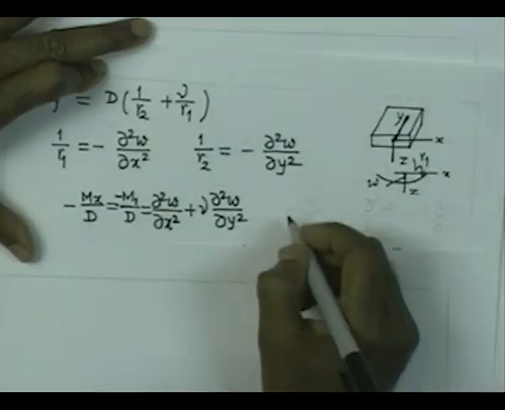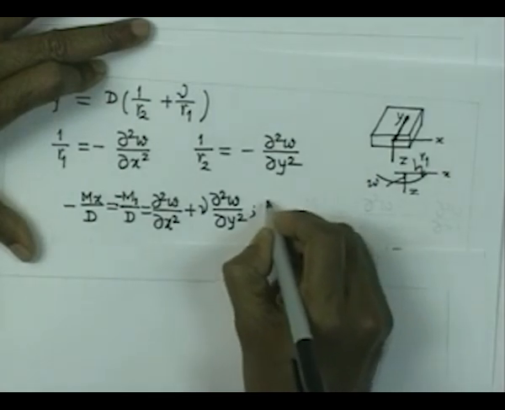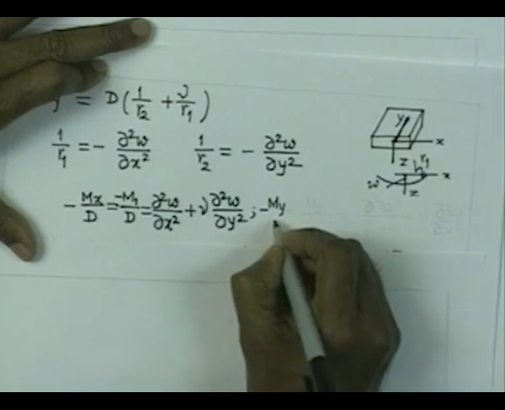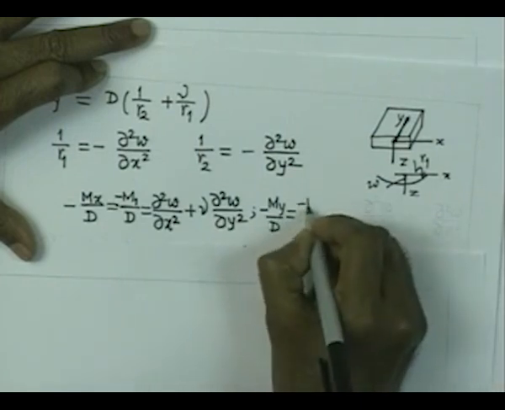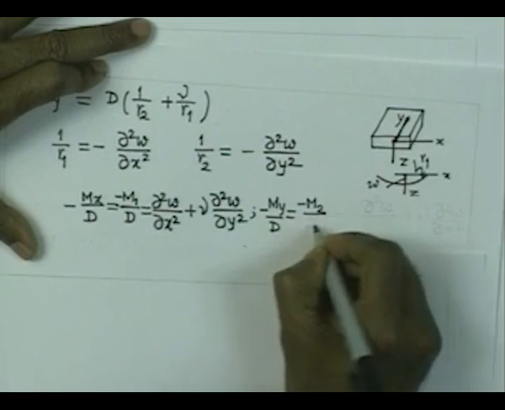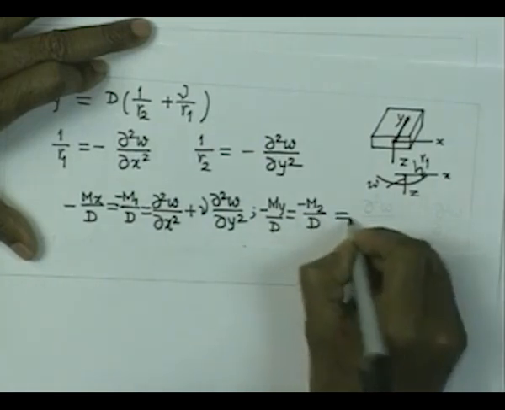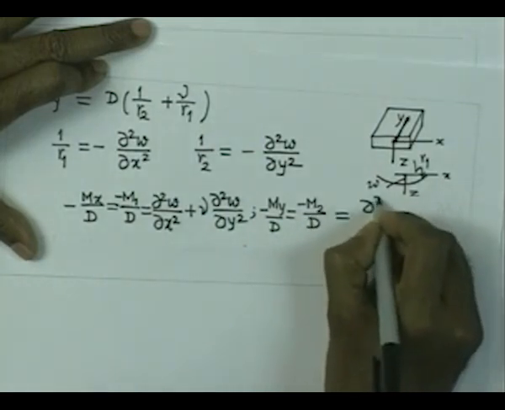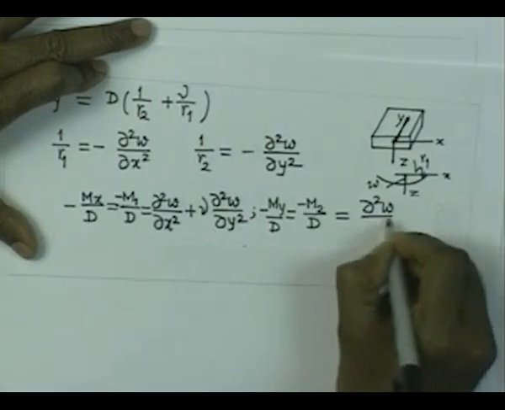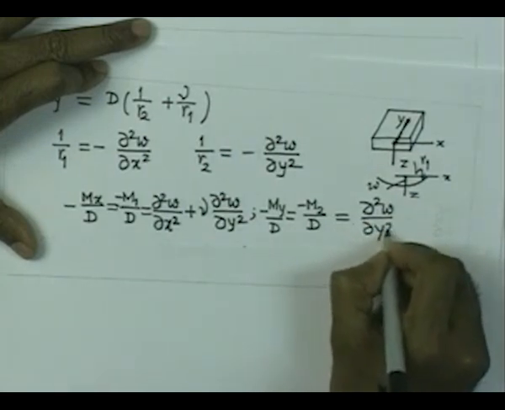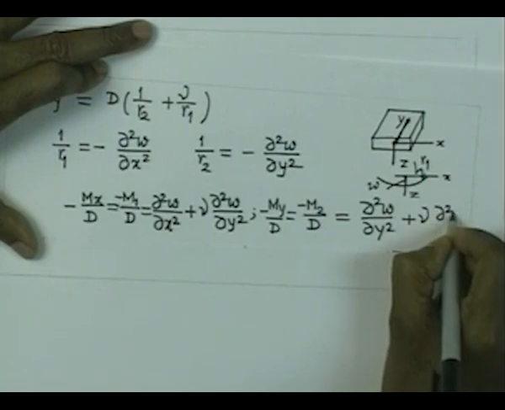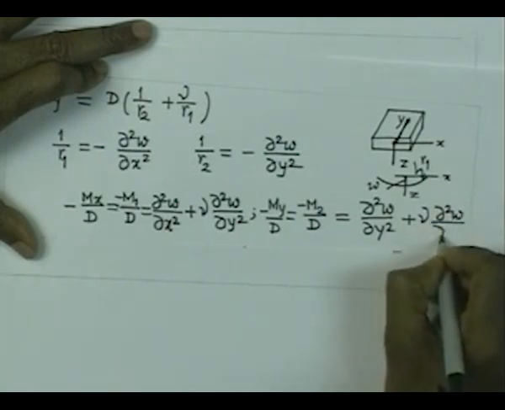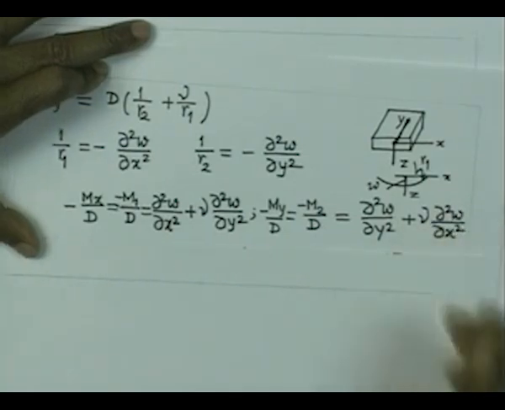Similarly, we can write minus My by D is equal to minus M2 by D is equal to delta 2 w delta y square plus nu times delta 2 w delta x square.